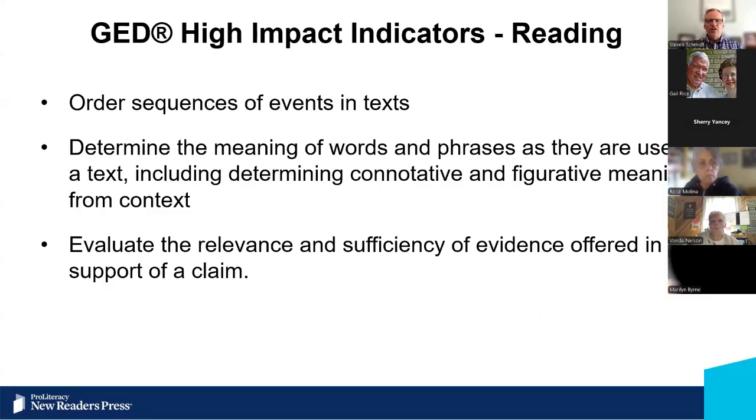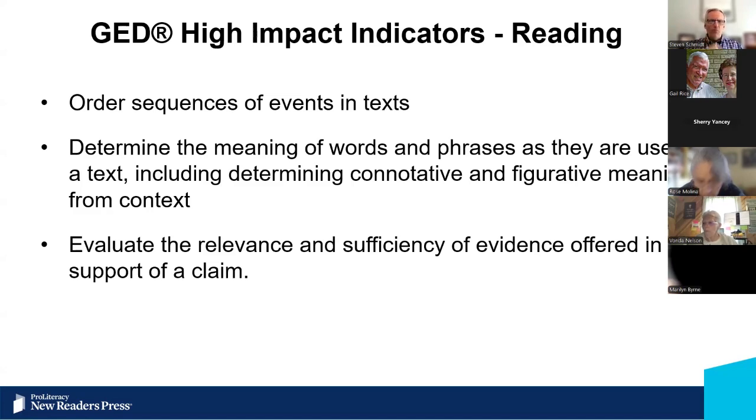Sequencing is one. If we have a narrative text or a text in social studies where things happen, if we're able to order events, that's one. Just determining word meanings. This might be literal meaning or figurative meaning in different things that we read, probably especially in literature type situations.